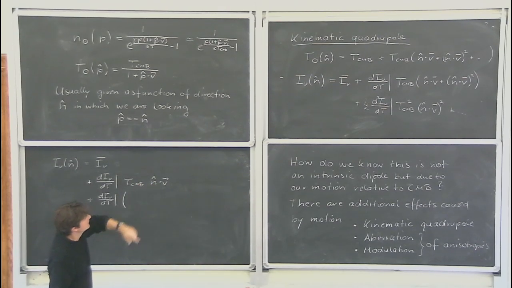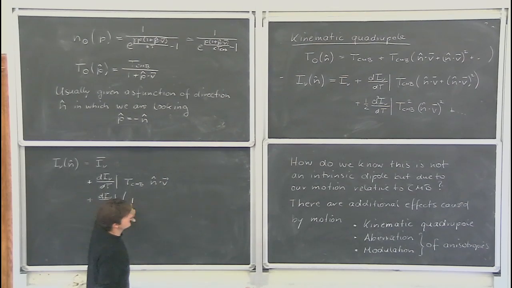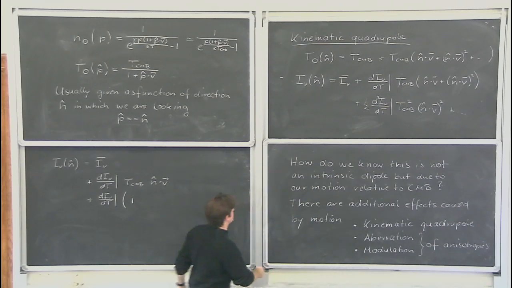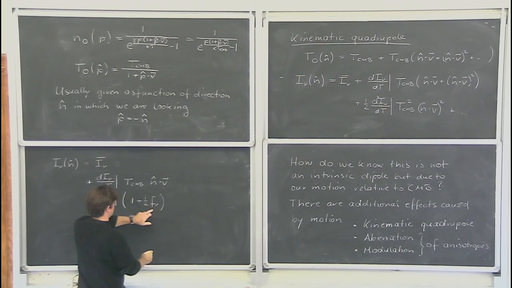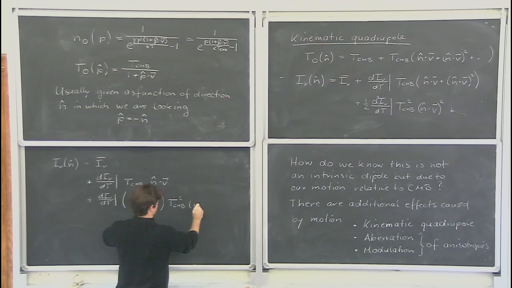So the first one is just from the line up top there, so I put a 1 here, and the second one I'll just write this ratio as 1 plus 1/2 f sub nu, which I'll write down in a second, times T_CMB squared times n hat dot V squared.